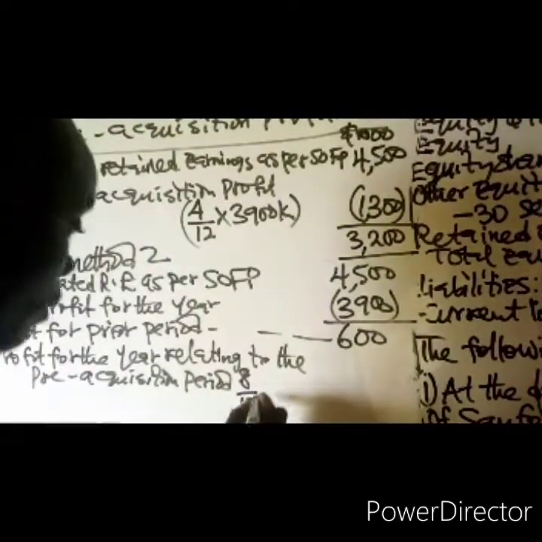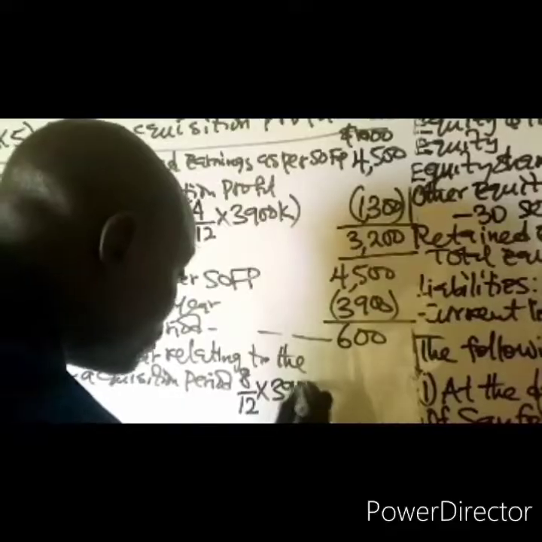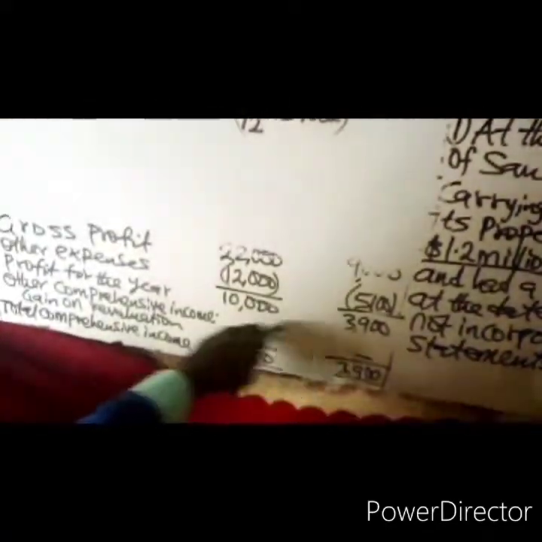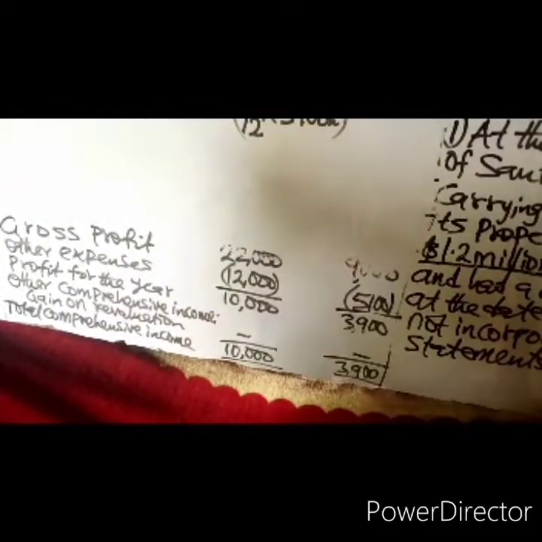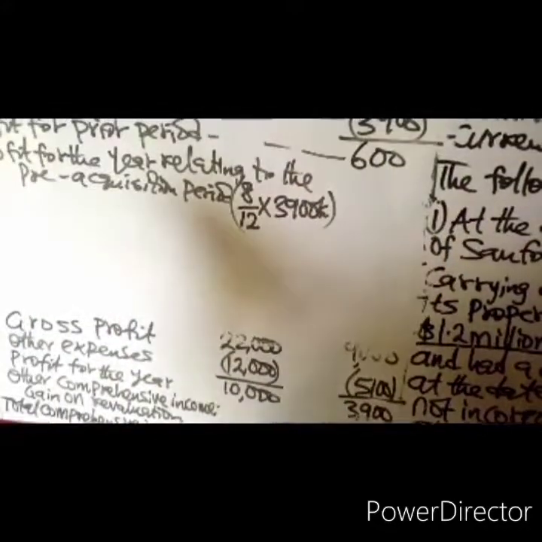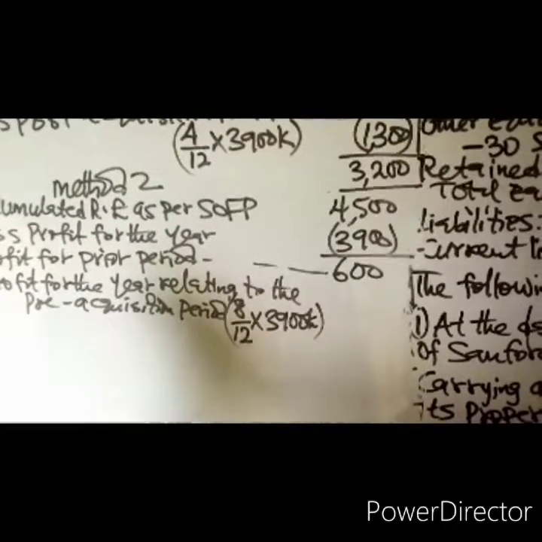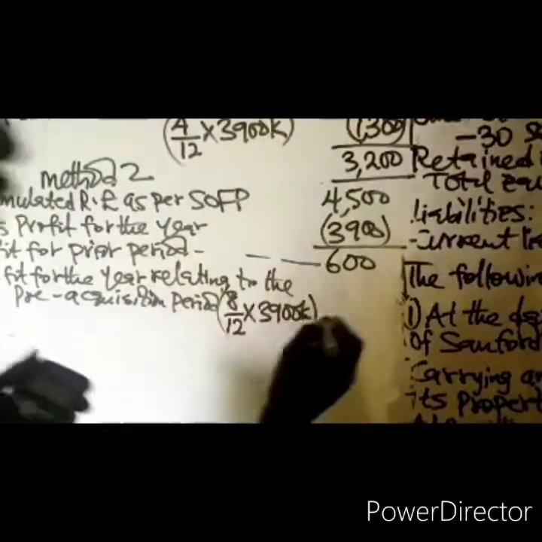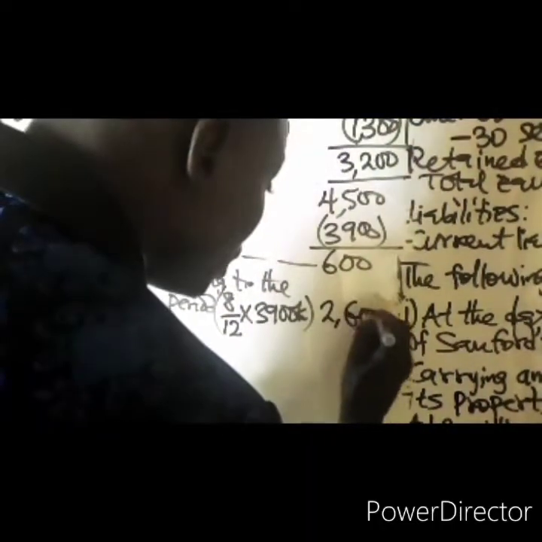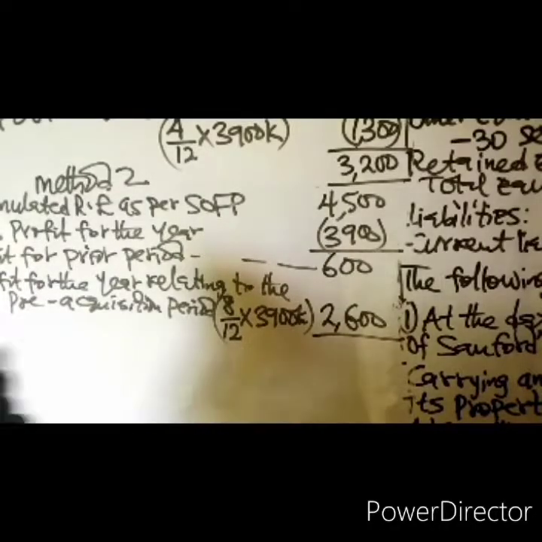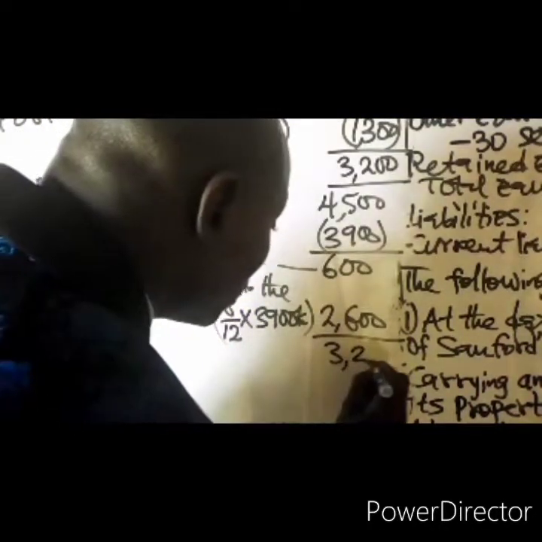8 over 12 of that 3,900. The 3,900, don't forget, is the profit for the year. You want to calculate the pre-acquisition profit from the 3,900: 3,900 times 8 divided by 12 gives us 2,600. If you add the 2,600 to the profit of the prior period of 600, then you have 3,200.